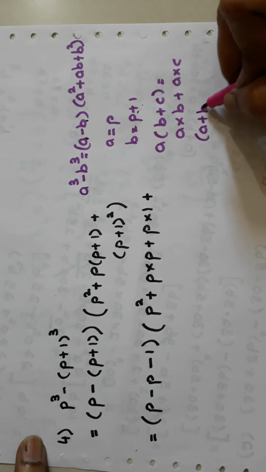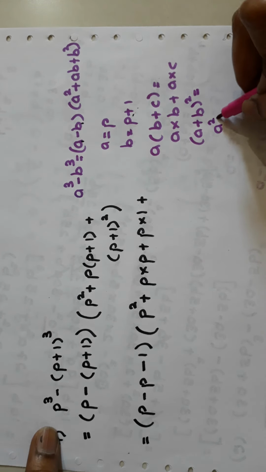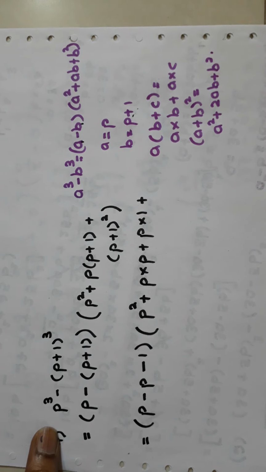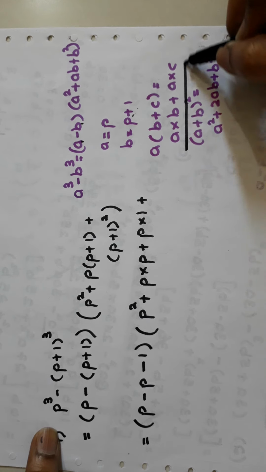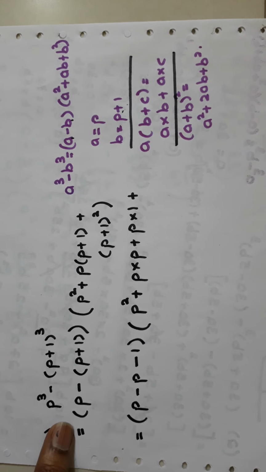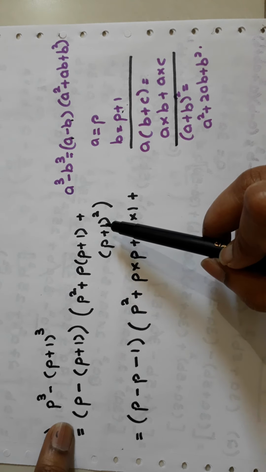(a plus b) the whole square. (a plus b) the whole square is a square plus 2ab plus b square. Here a is p and b is 1.